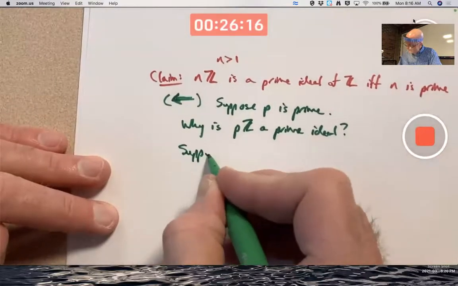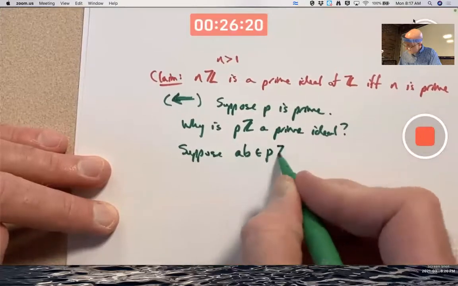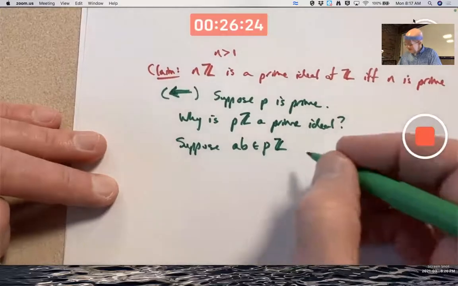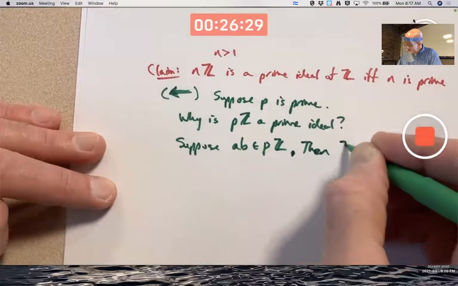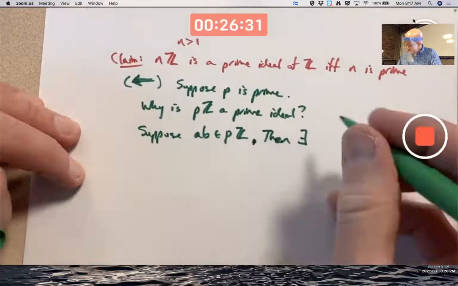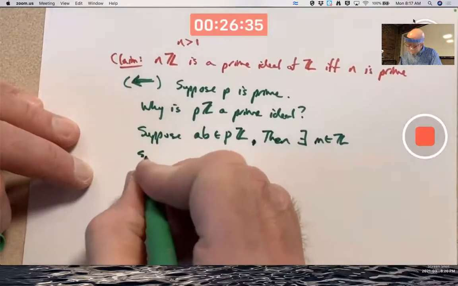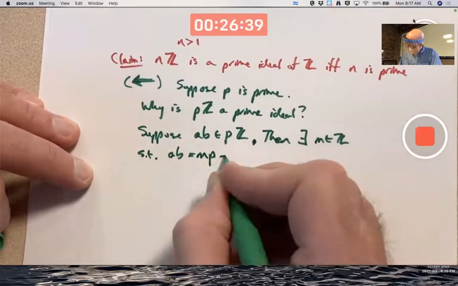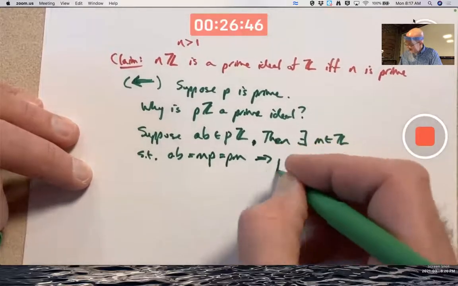Suppose a times b is in pZ. What does that mean? That means then there exists an m in Z such that ab equals mp, right? Or pm. In other words, p divides a times b.